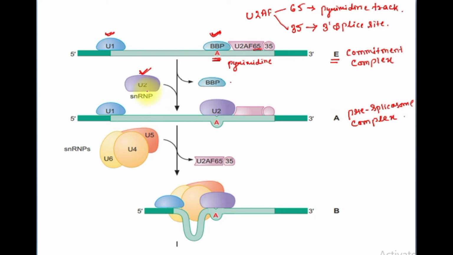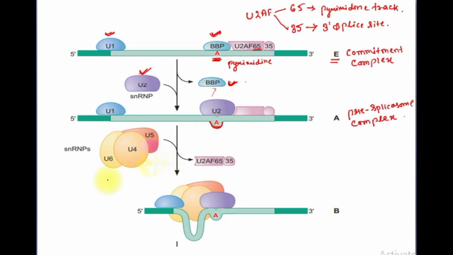The U2 snRNP takes the place of BBP. But see here there is a difference. When the BBP was present, this A was in a straight line, but here there is a formation of a loop.